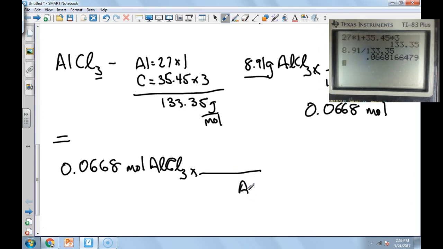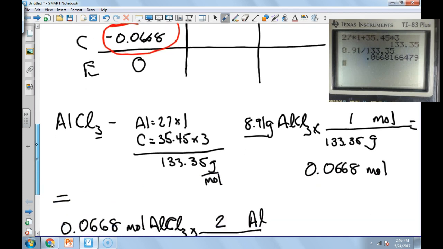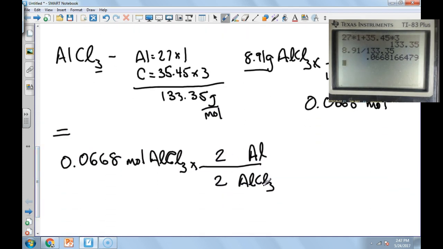Now we want to get rid of AlCl3 and convert that to aluminum. In order to do that, it's a 2-to-2 ratio. We're going to use the balanced chemical equation. So we use the coefficients of aluminum and the coefficient of aluminum chloride.